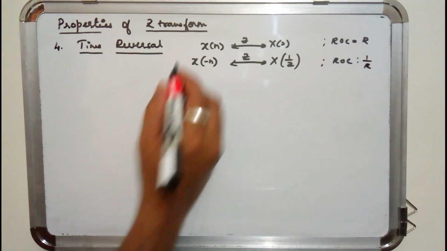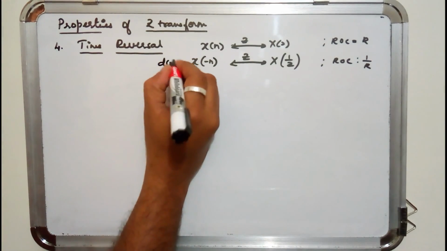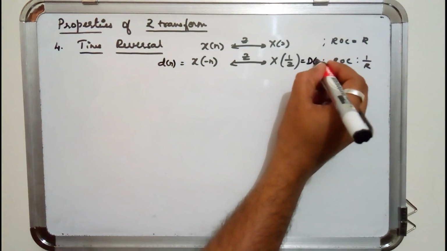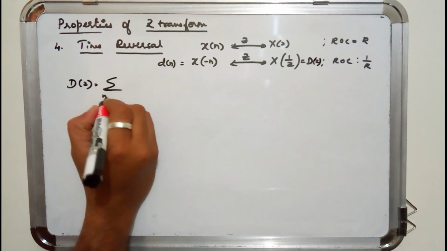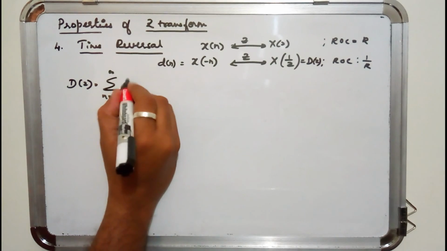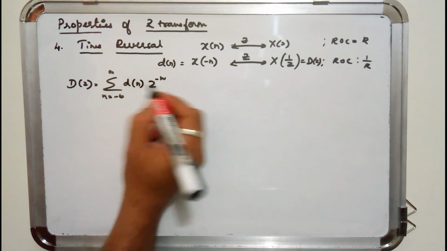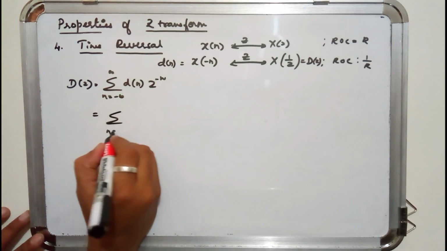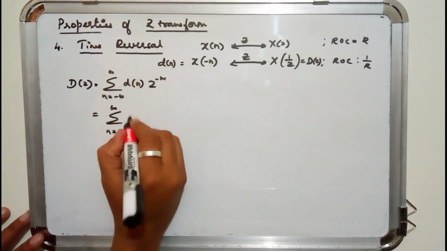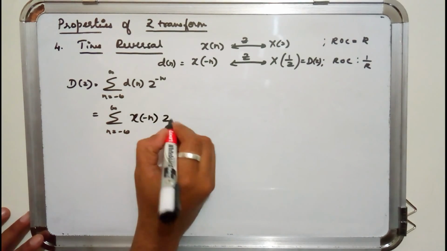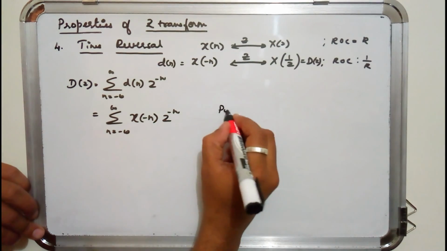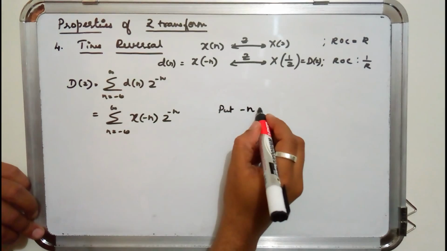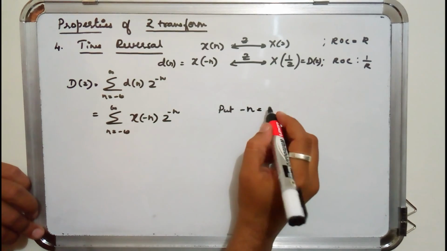Now how do you prove this? Again you take some other signal d of n, and this is D of z. So what is D of z? It is summation n equals minus infinity to infinity d of n z power minus n. So d of n is x of minus n, z power minus n. Now substitute minus n as n.